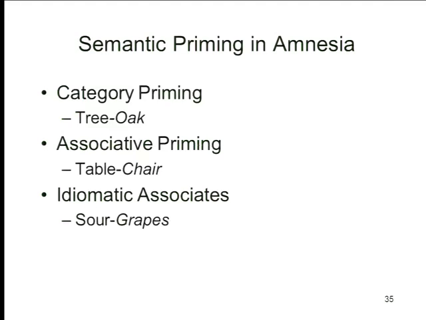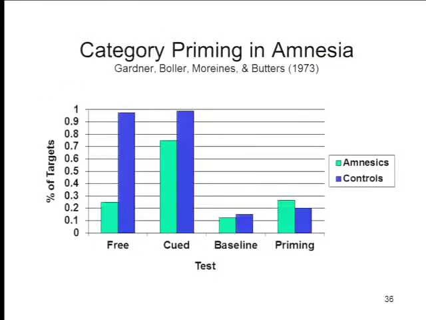So I ask you to study a word like grapes, and then I give you the cue sour, and ask you simply to complete that with an idiom. There's no physical resemblance between tree and oak, between table and chair, between sour and grapes. Whatever priming occurs has to be mediated by something that goes beyond a perceptual representation of the prime, but rather has to include something about the semantic meaning or conceptual relations of the prime.